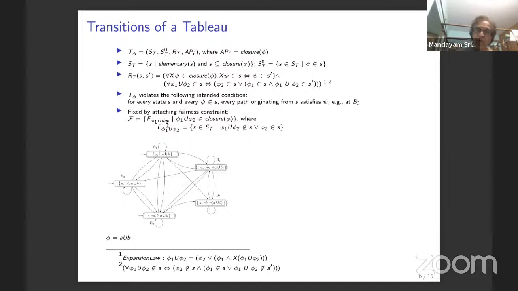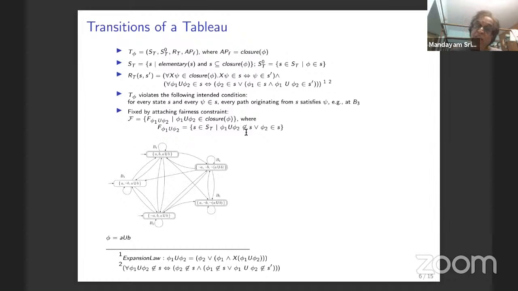There's one corresponding to that, and it is defined in this way: you have to visit those states in which phi 2, the second component of that until operator, becomes true. Visit these states in which this condition is true infinitely often.